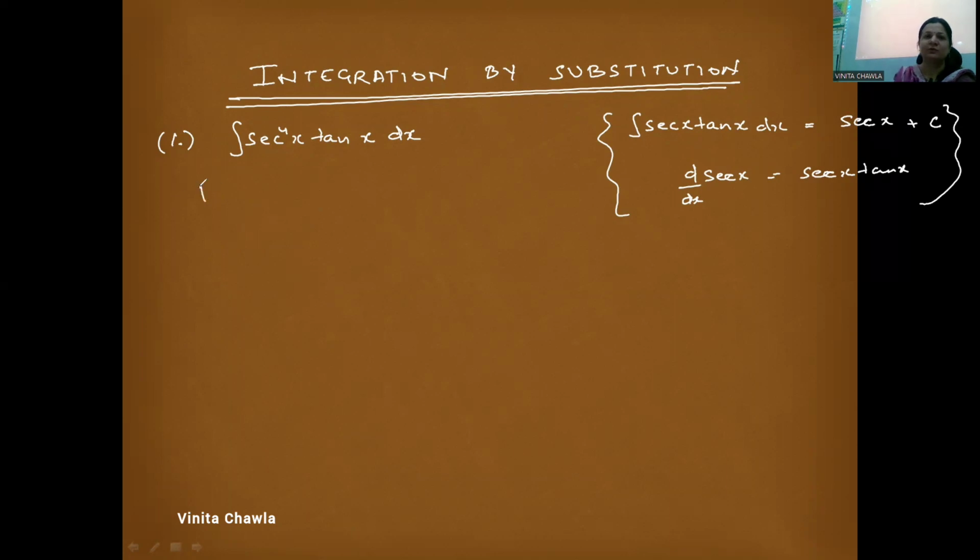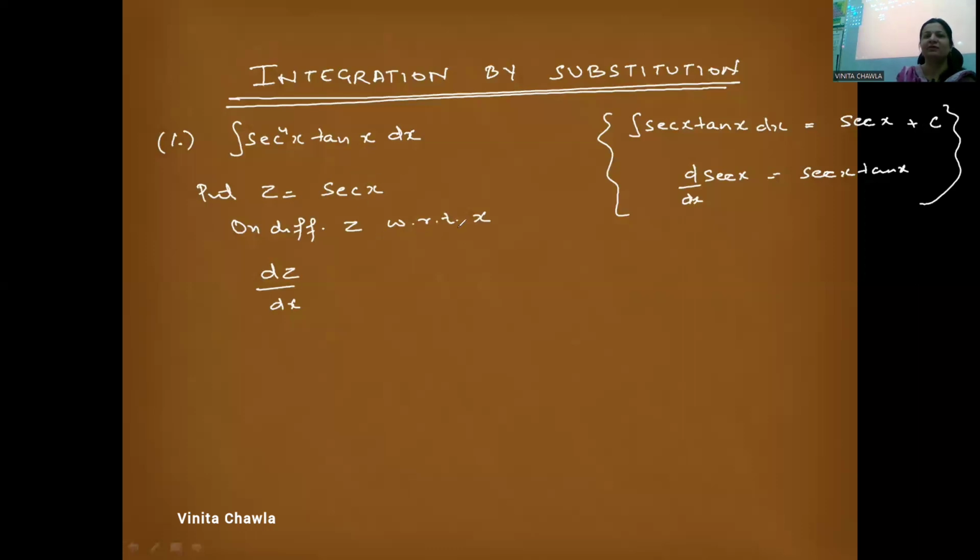What if I put z is equal to sec x? If my z is sec x, then on differentiating z with respect to x, we will get dz by dx. Z is sec x.